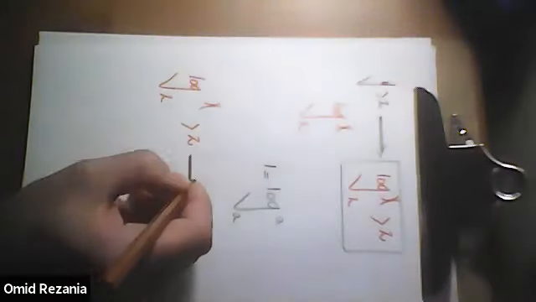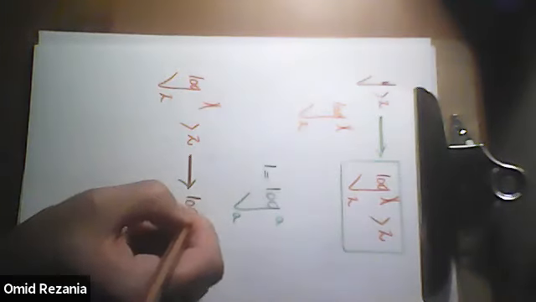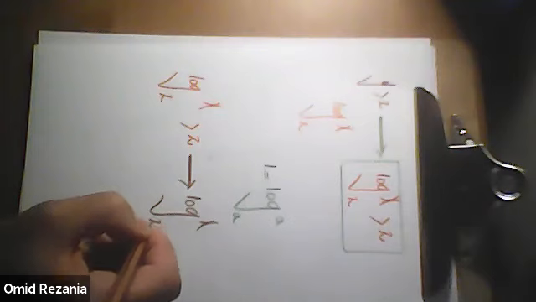Then as a result, I'm gonna do the same thing. When I see the log of x with base 2 greater than 2, I can write it in a way that it becomes the log of x in base 2 is greater than 2 times 1.